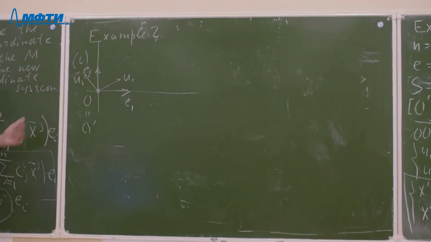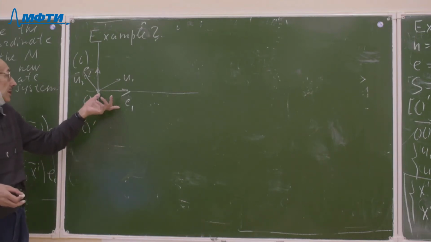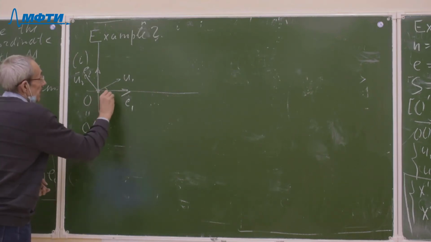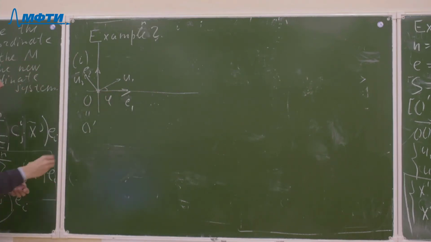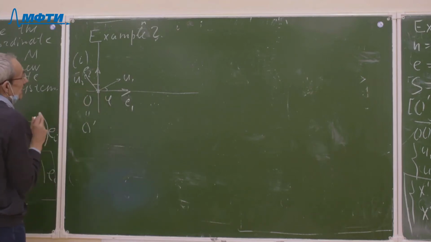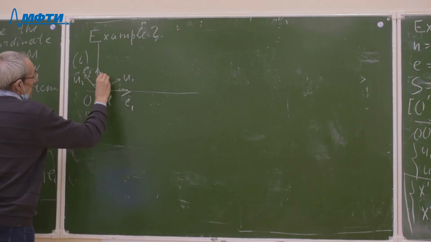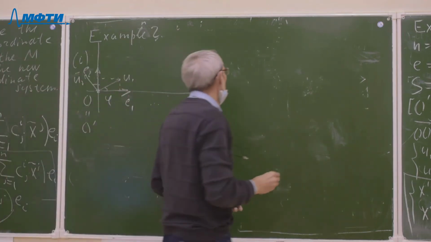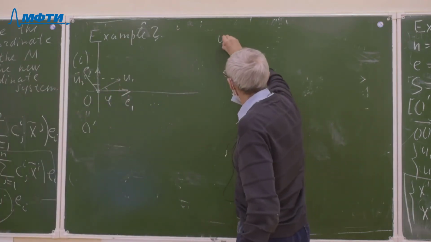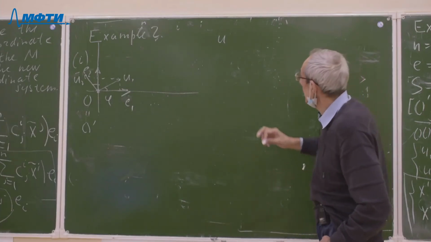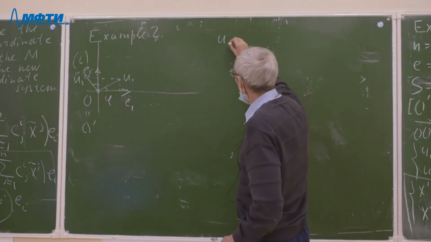The new basis was obtained by the rotation of the old basis by the angle phi. This angle is equal to phi. And it is easy to see that the relation between the new and old basis is the following.